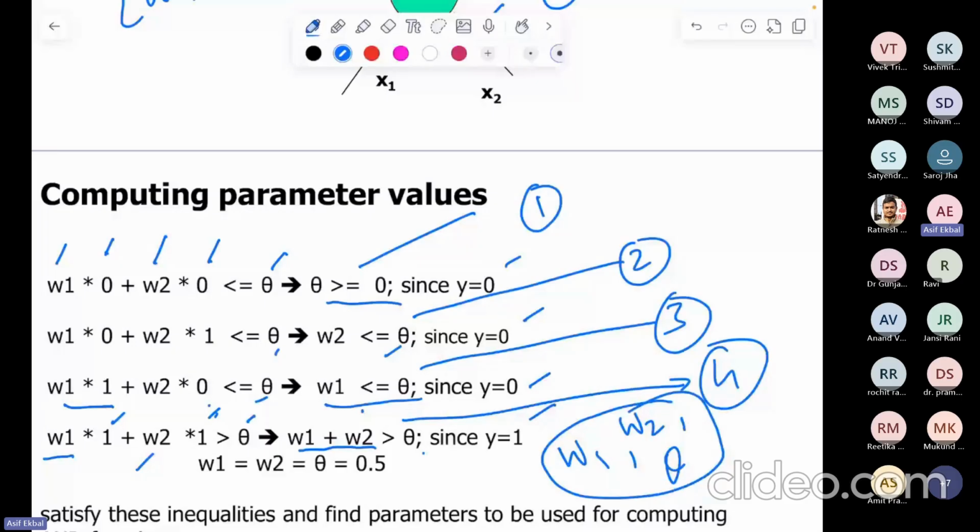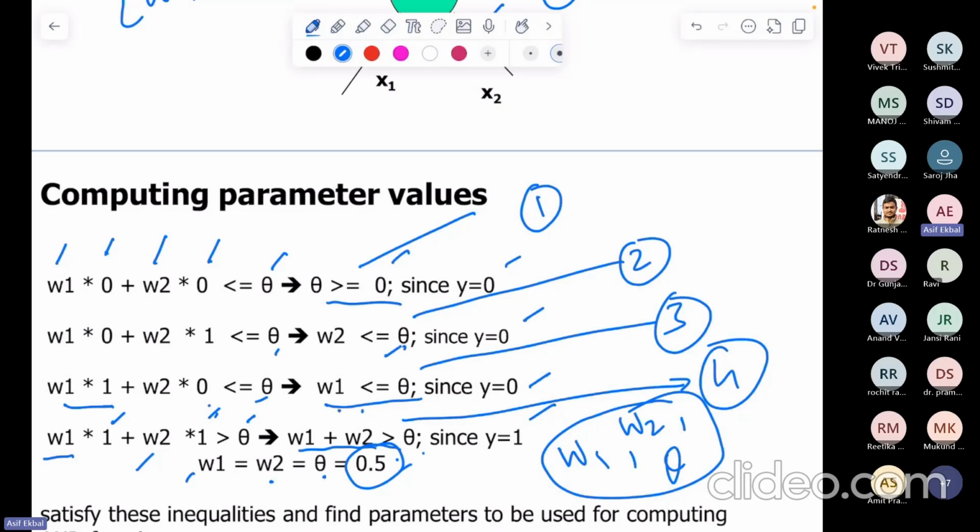So one of the possible values, if you solve, let's say if you set W1, W2, and theta to 0.5, then you see that all these 4 equations are satisfied. Theta is 0.5, which is greater than 0. W2 is less than or equal to theta: W2 is 0.5, so 0.5 is less than or equal to 0.5.